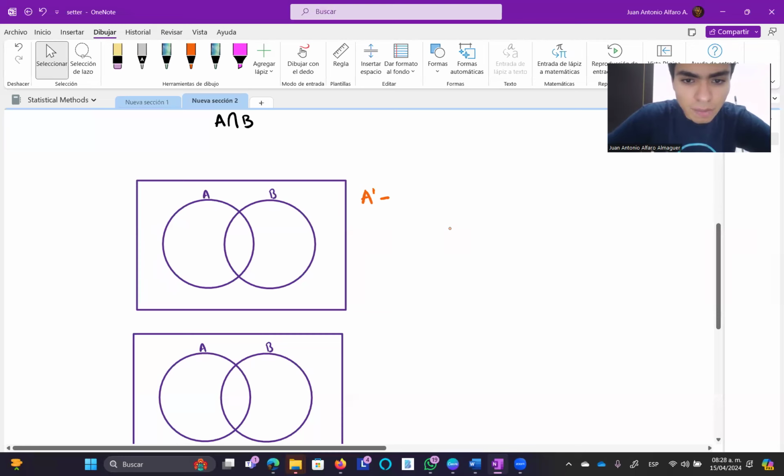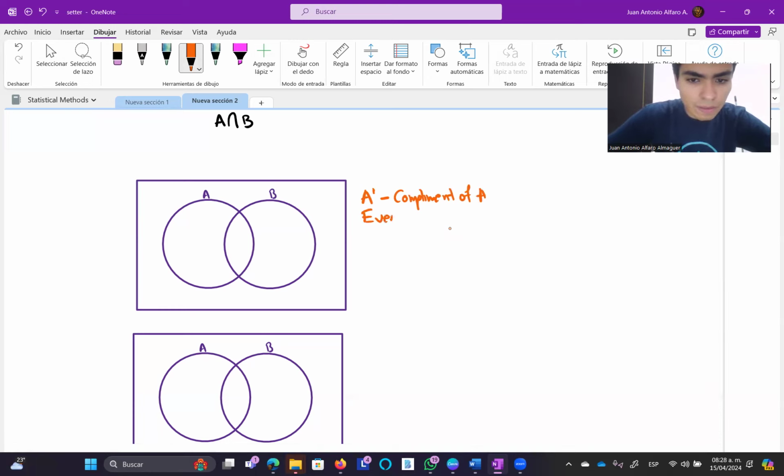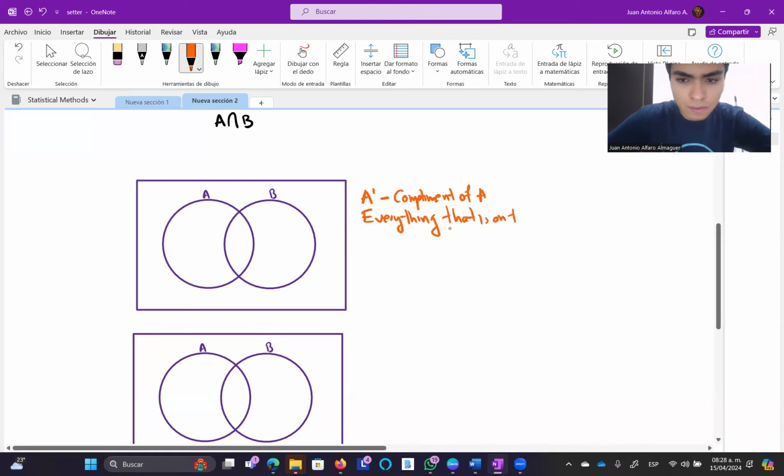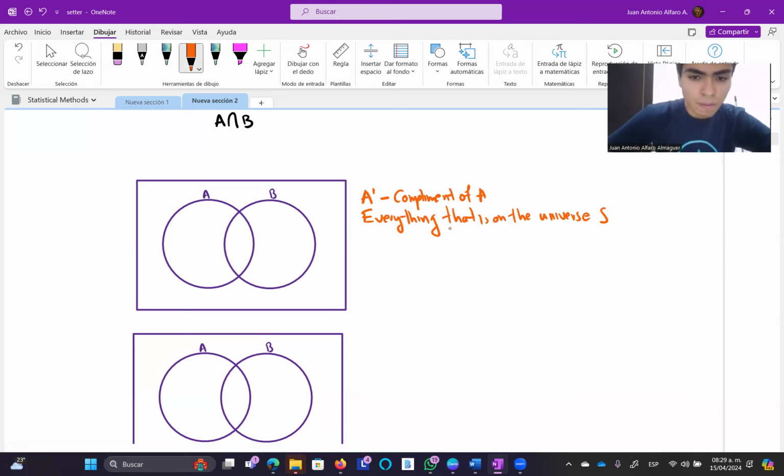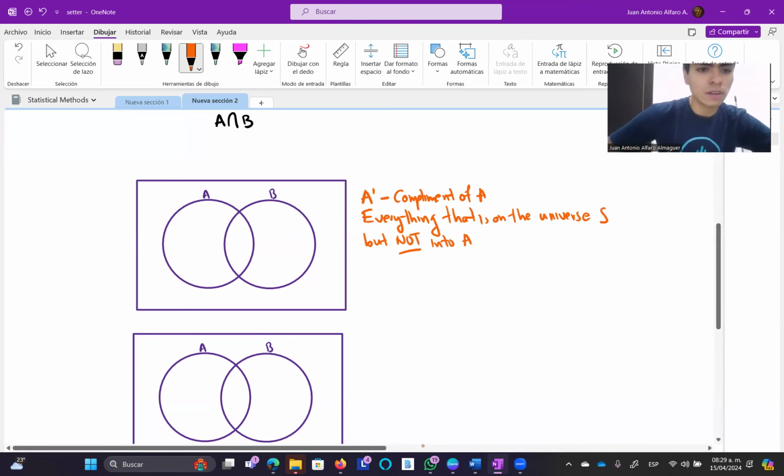This is the complement of A. That is everything that is in the universe S, but not in A. So we can draw that.